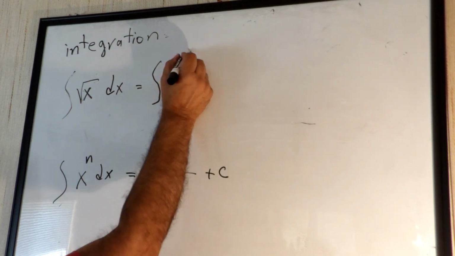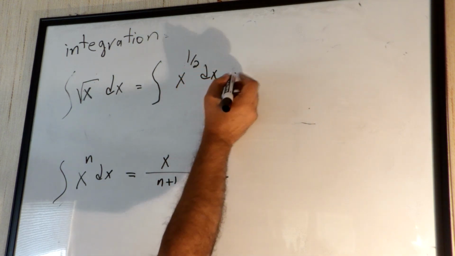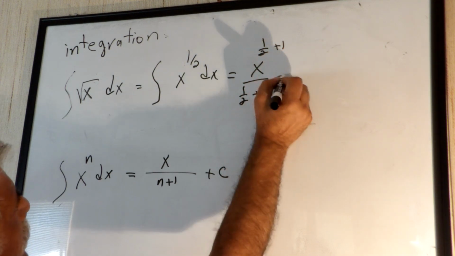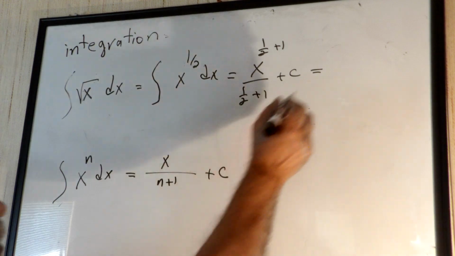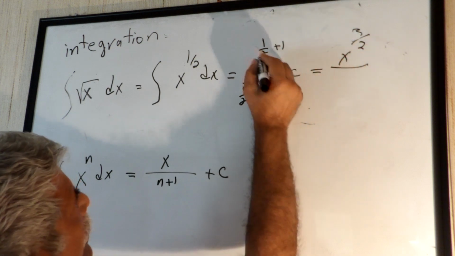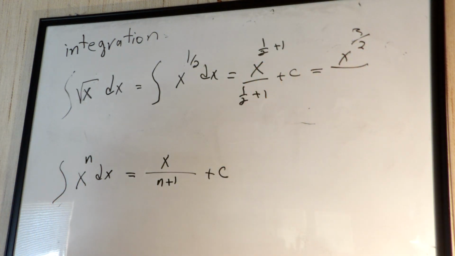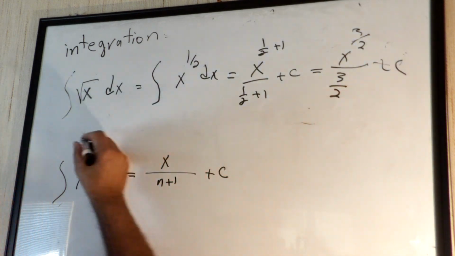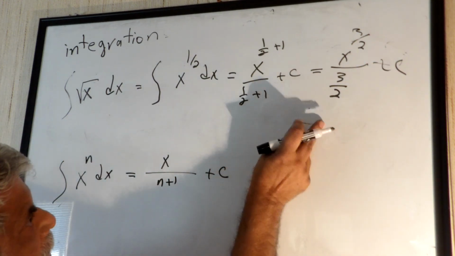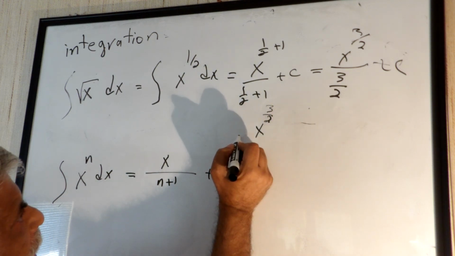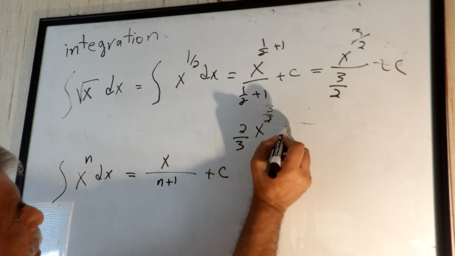We can write x to the power of 1 over 2 dx, and then x to the 1 over 2 plus 1, divided by 1 over 2 plus 1, plus c. 1 plus a half is 1.5, which is 3 over 2. So the result is going to be x to the power of 3 over 2 times 2 over 3 plus c.